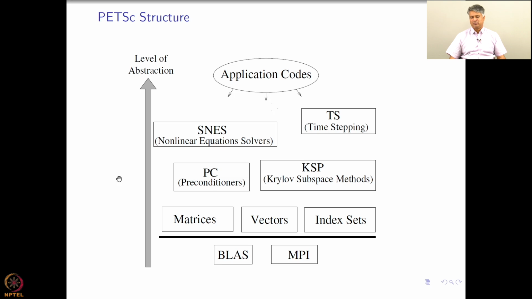And to improve the condition number of these matrices, you have preconditioners, which allow you to work with it. Underneath this are the most important data sets, which are matrices, vectors, and the index sets. They in turn call the internal libraries of BLAS and MPI, which allow you to do numerical algebra at a higher level, and MPI enables you to distribute the problem onto many nodes and solve this problem in a parallel manner.